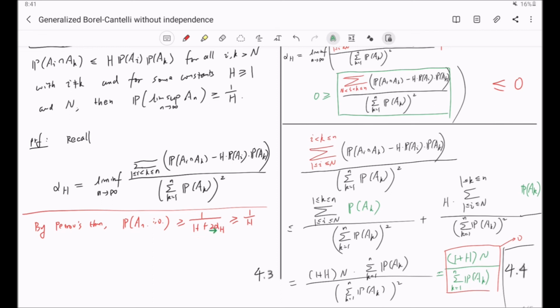This is because our denominator is non-negative, while 2 alpha h is non-positive by our argument above. So this proves our corollary.